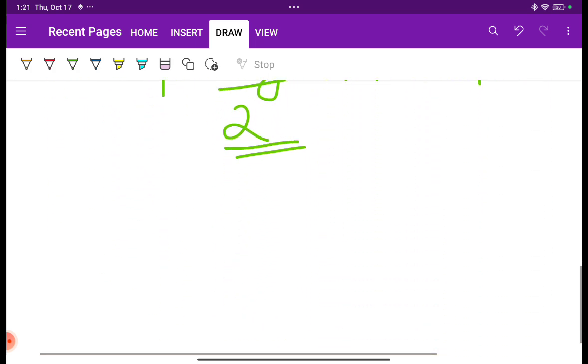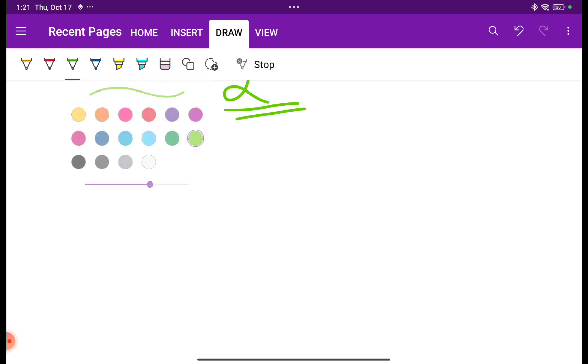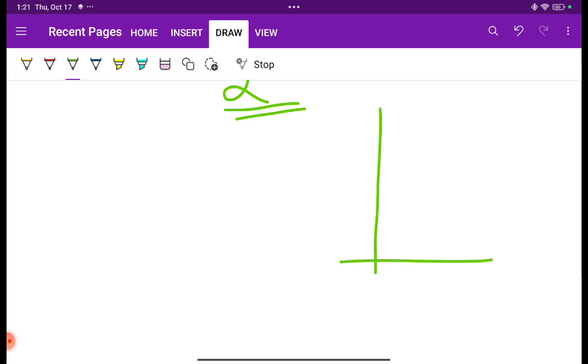Similarly, this is our figure, this is the x-axis.